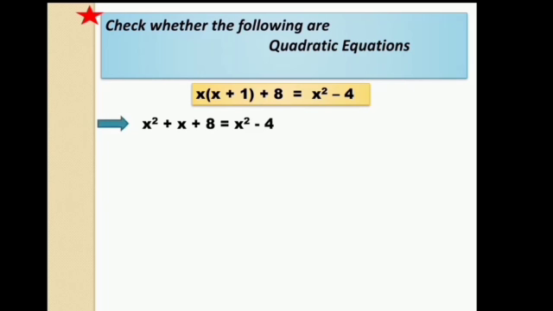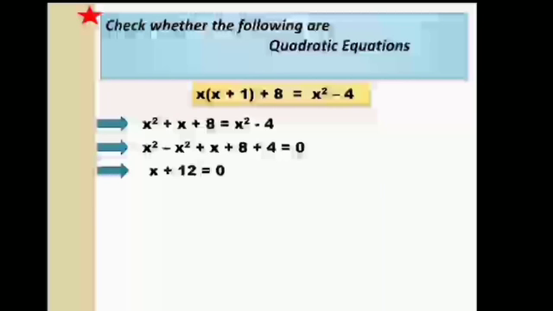Now we will shift all the terms from the right hand side to the left hand side. We get x square minus x square plus x plus 8 minus 4. Minus 4 will convert into plus 4 equals 0. This x square cancels with this x square, and we get x plus 12 equals 0.